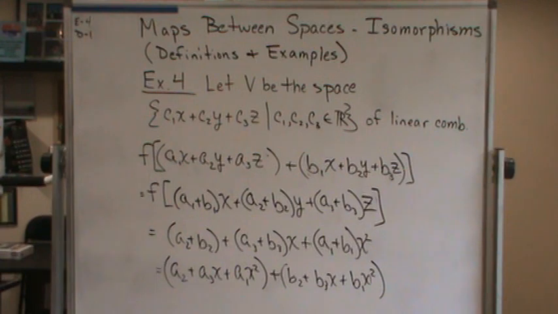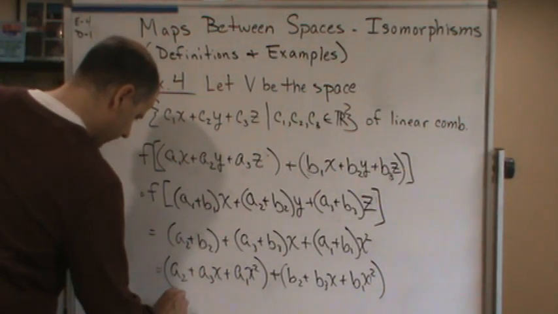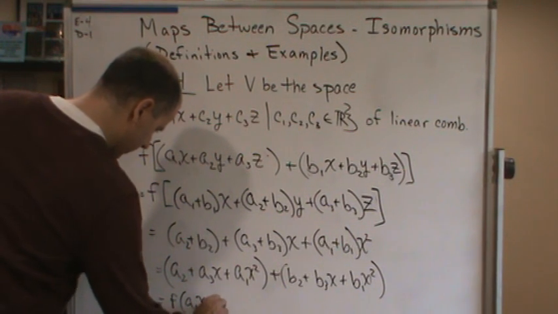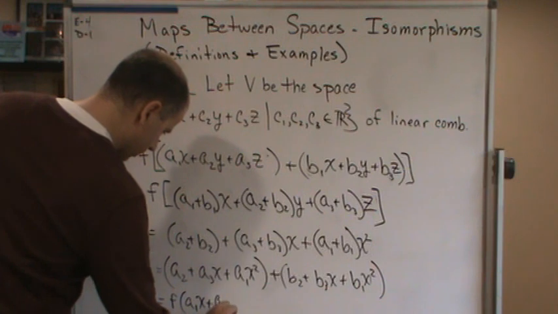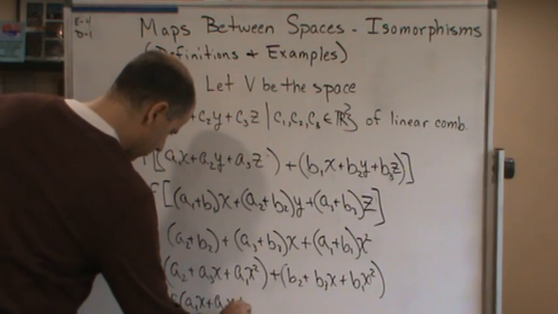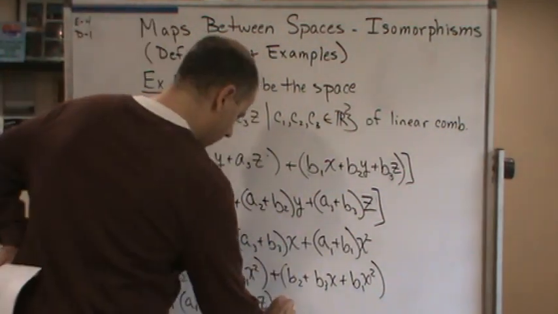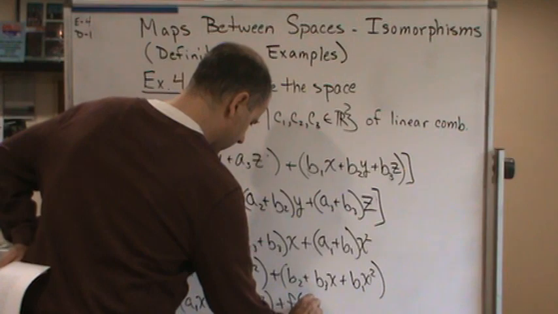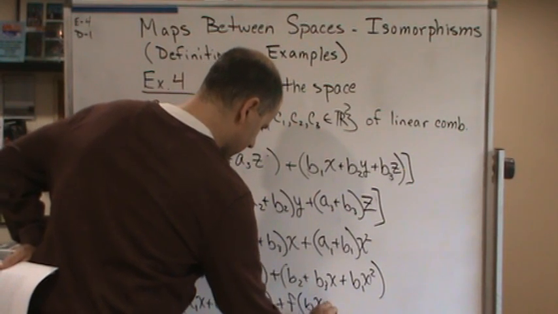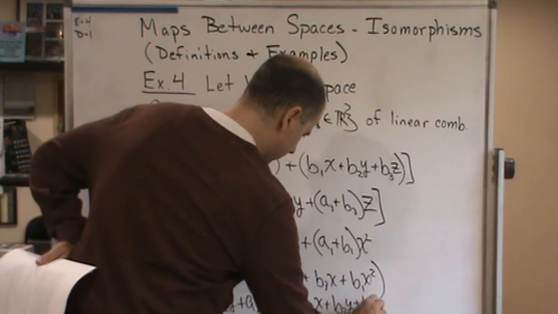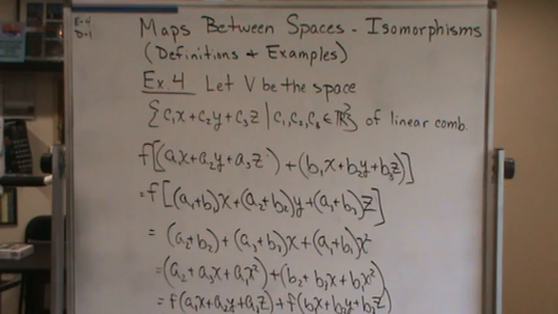And then of course, this is equal to f of a1 times x plus a2 times y plus a3 times z plus f of b1 times x plus b2 times y plus b3 times z. And we're done with addition. So we just showed that it preserves the structure.